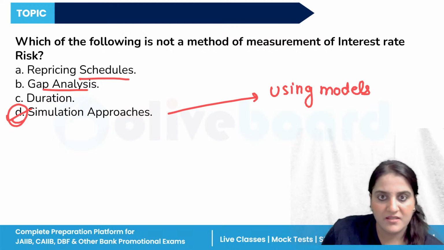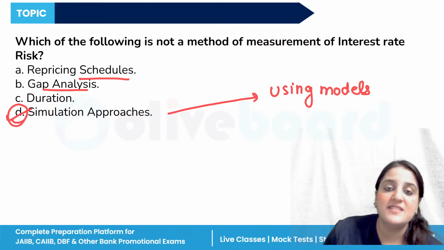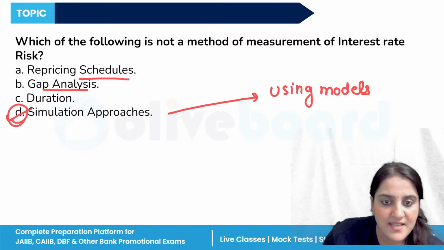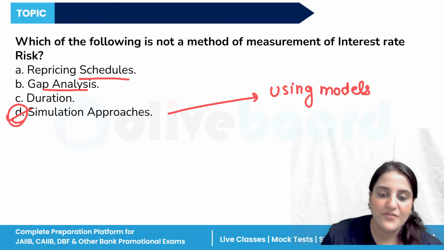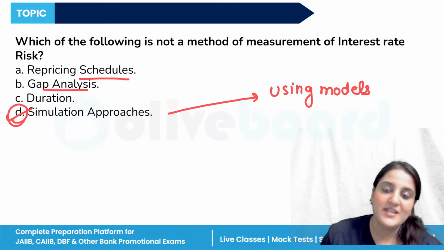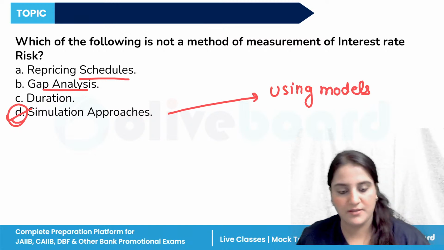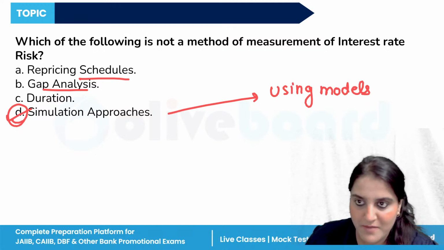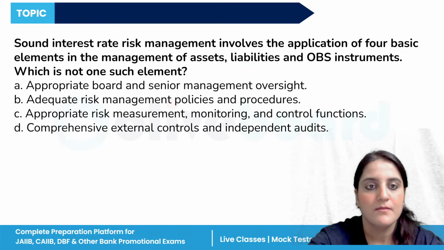While this is a valuable risk management tool, it is typically seen as a broader method for assessing various types of risk rather than specifically a method for measuring interest rate risk in the traditional sense. So this is not a method of measurement of interest rate risk. Yeah, option D is correct.